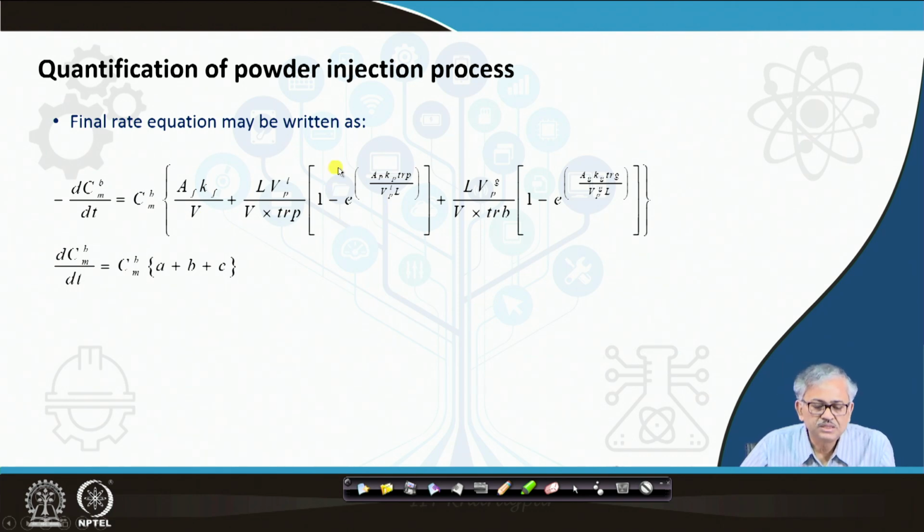It is the rate constant at the permanent contact zone. Similarly, this is the rate constant at the free rising particle, and this is the rate constant at the free rising bubble, that is, the particle attached with the free rising bubble.